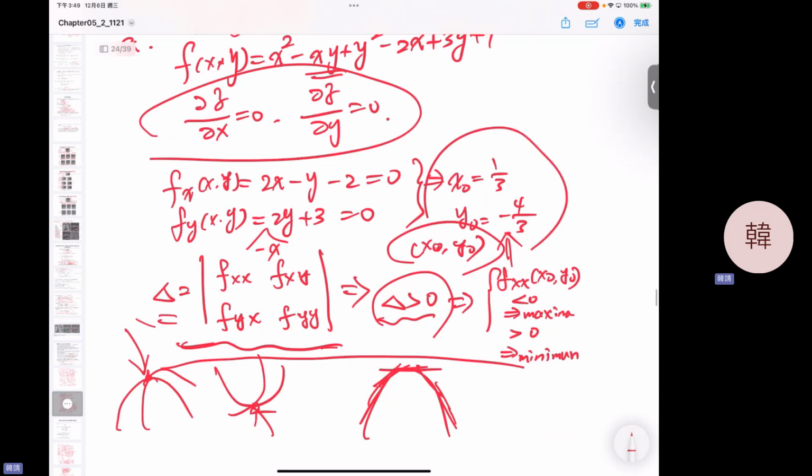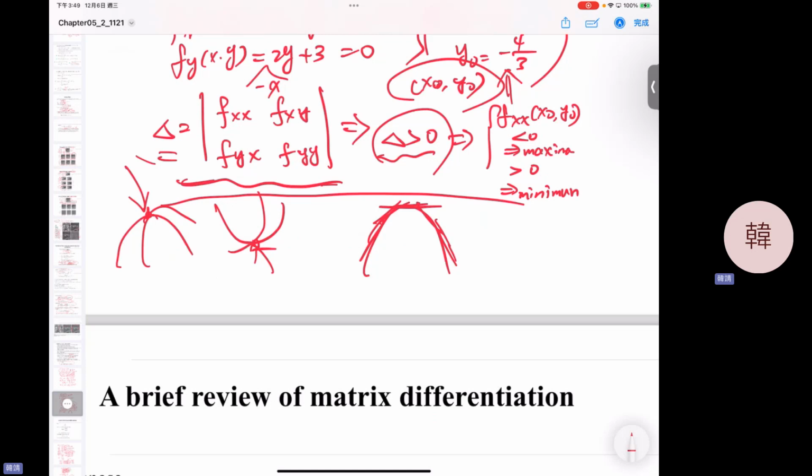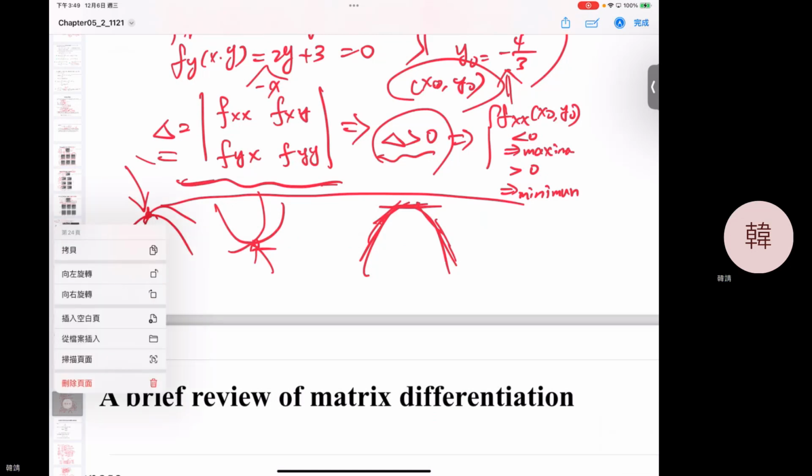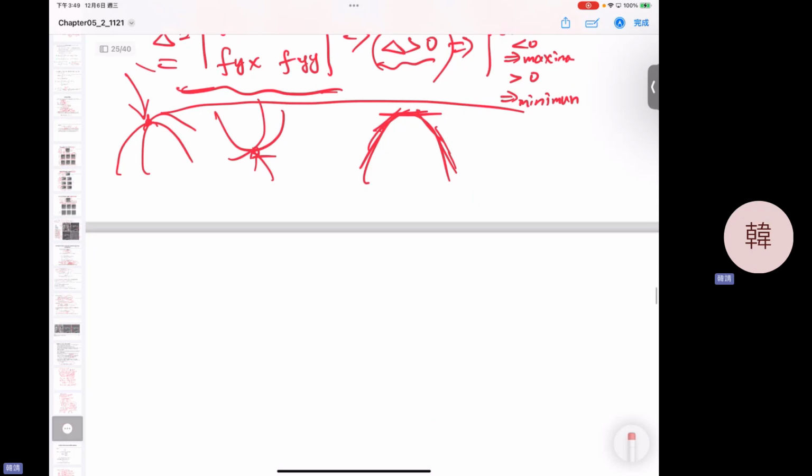So it's quite straightforward. Now we are going to look at what the constraint is. Now we are talking about the second approach for optimization, constrained optimization. Let's also use an example.